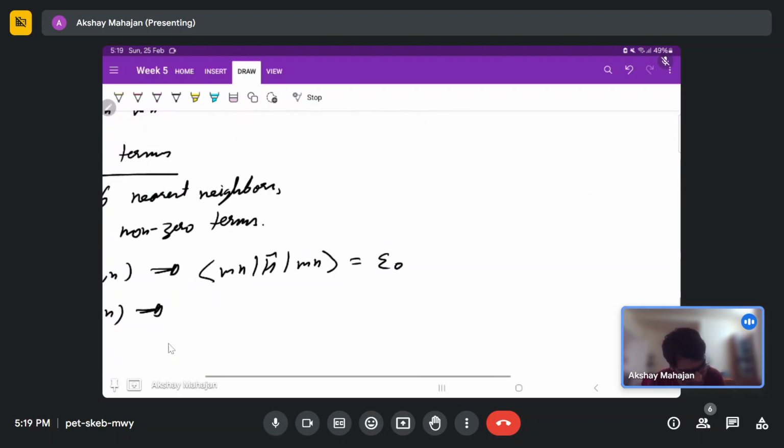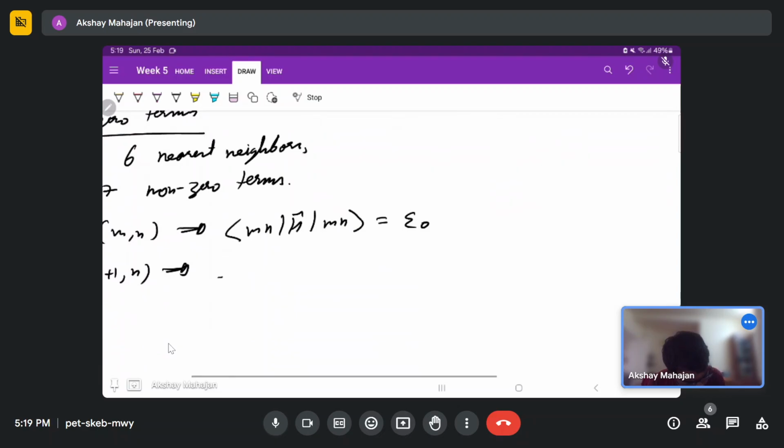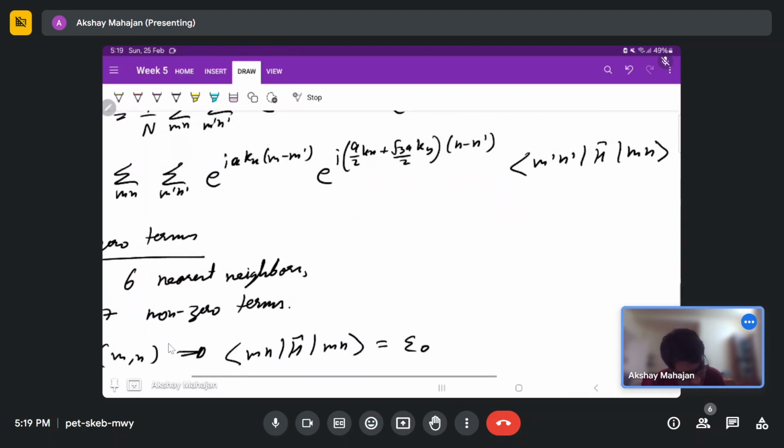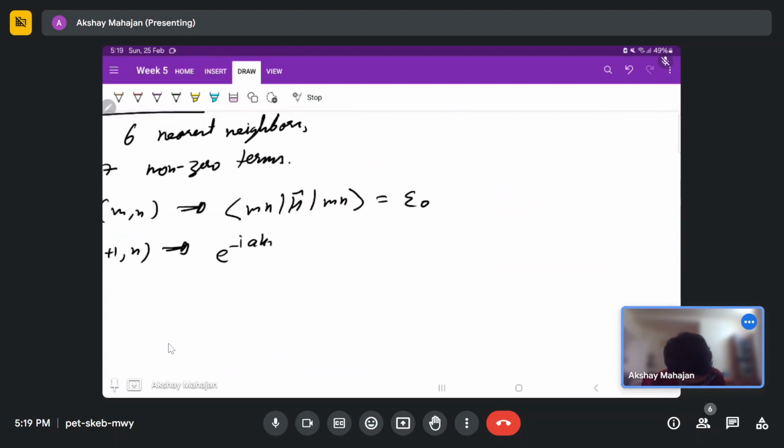So I will have e to the power minus iota a kx, m plus 1 comma n H cap m comma n, which will be the hopping integral, so it will be minus t times e to the power minus iota a kx.